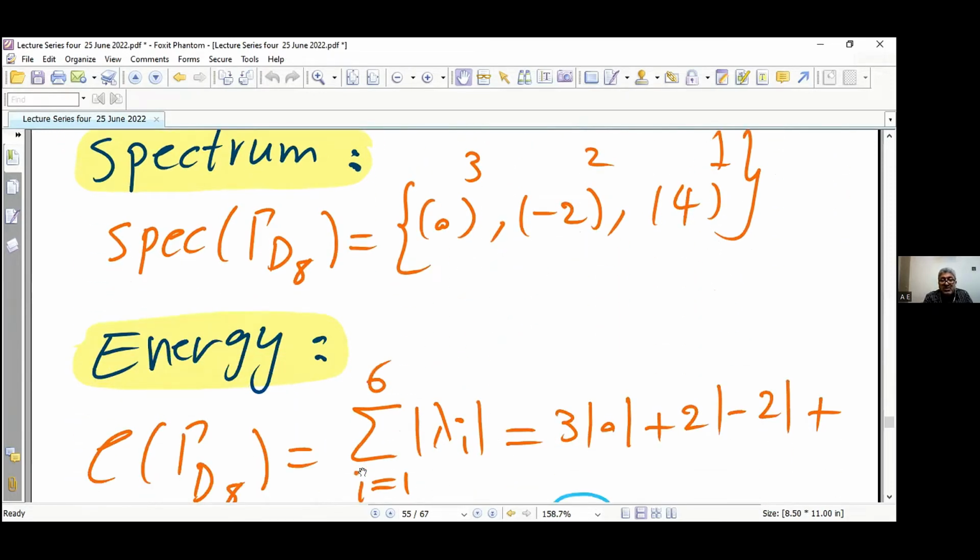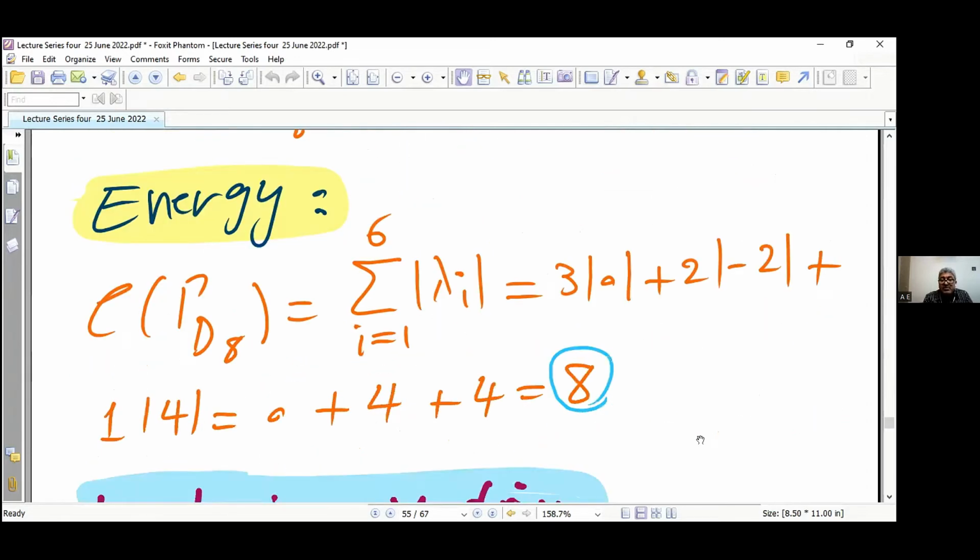The energy of the non-commuting graph is the sum of the absolute values of all eigenvalues of the adjacency matrix. So we have 3 zeros, plus 2 times the absolute value of -2, plus 4. So the energy of the non-commuting graph of the dihedral group of order 8 is 8.